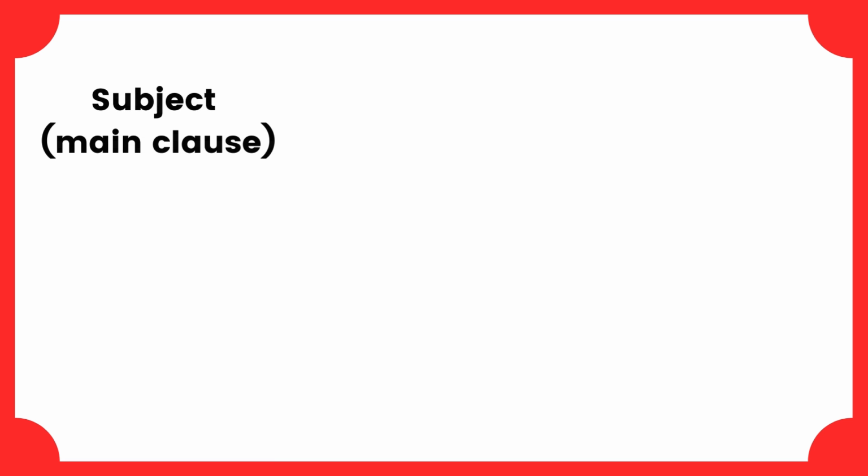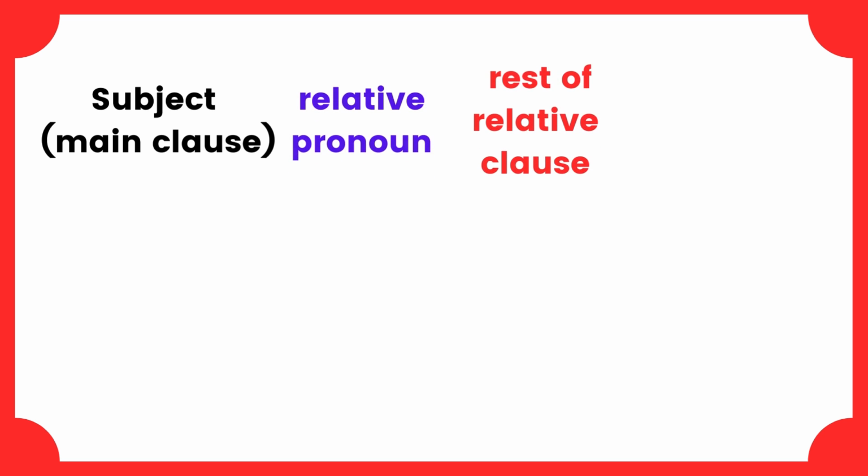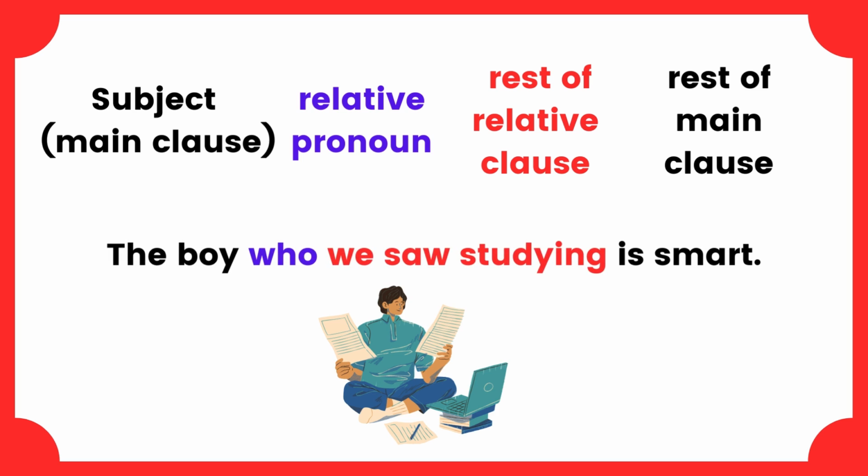For relative clauses, we follow this formula: the subject of the main clause plus the relative pronoun plus the rest of the relative clause and then the rest of the main clause. For example, "the boy who we saw studying is smart."